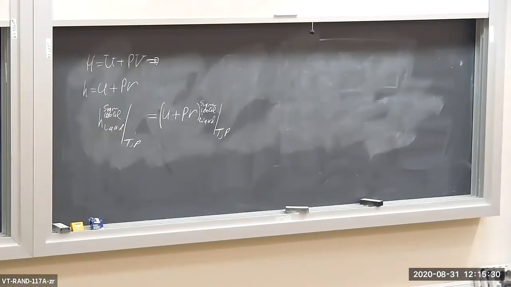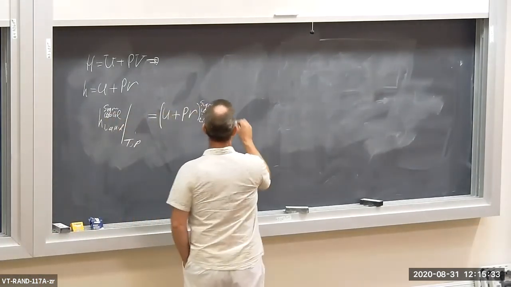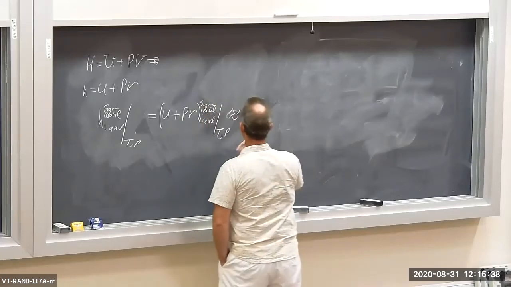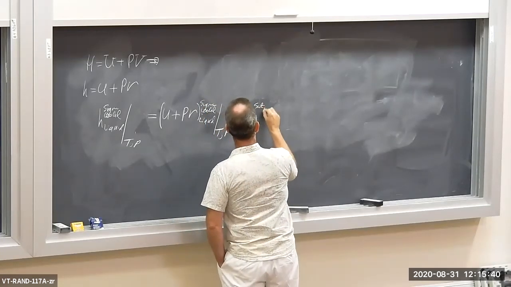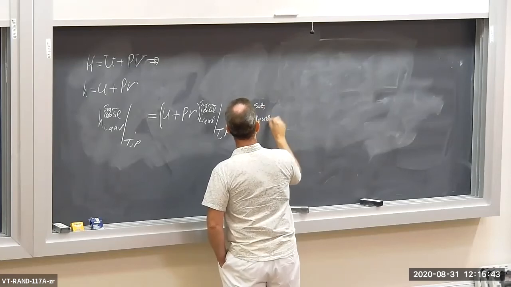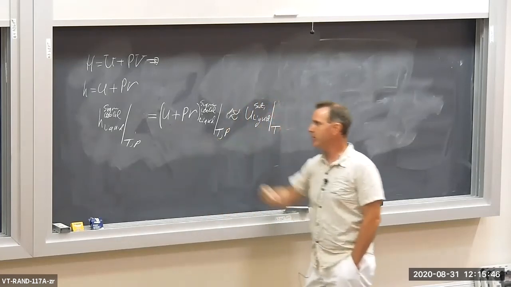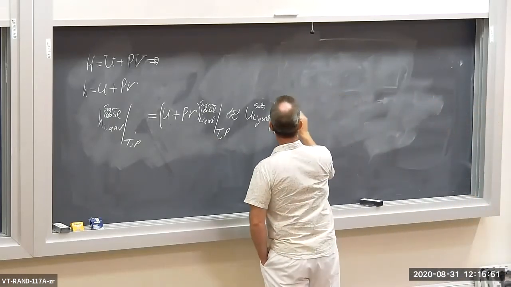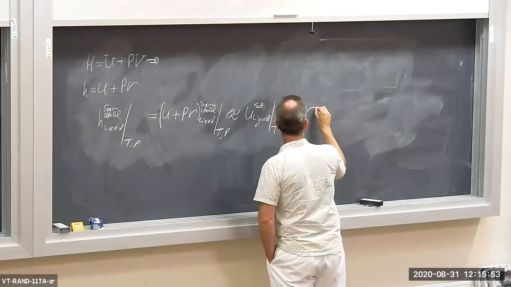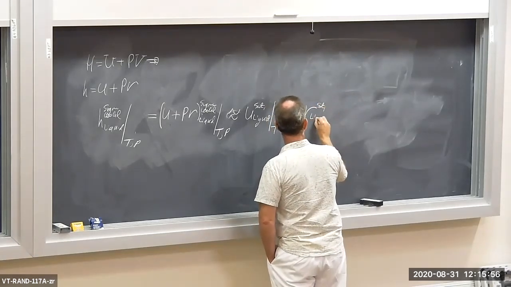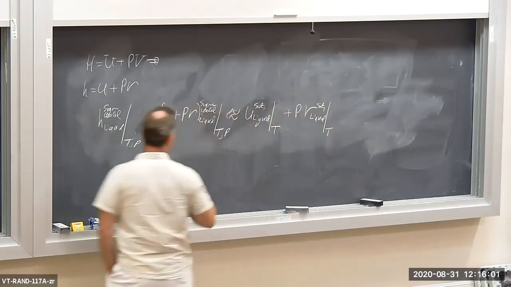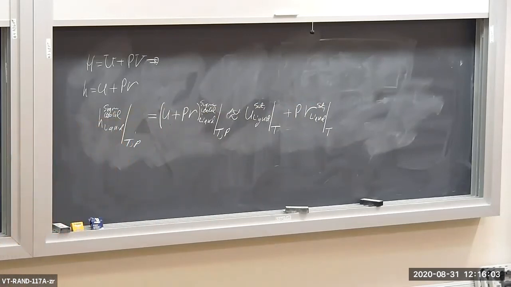So let's apply these approximations here. Well, this is approximately equal to u for the saturated liquid evaluated at temperature T. That takes care of the first term. Plus pressure times specific volume of the saturated liquid evaluated at temperature T. So we're using the approximation on the product between pressure and specific volume.